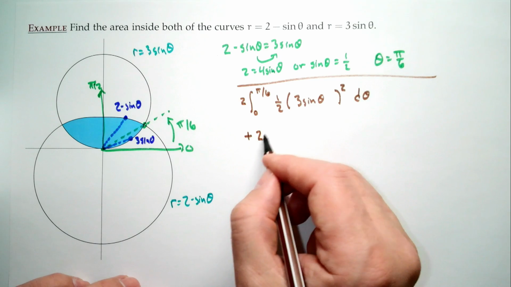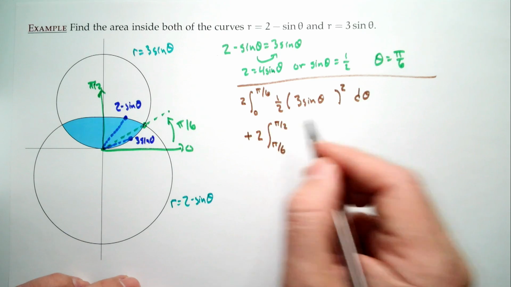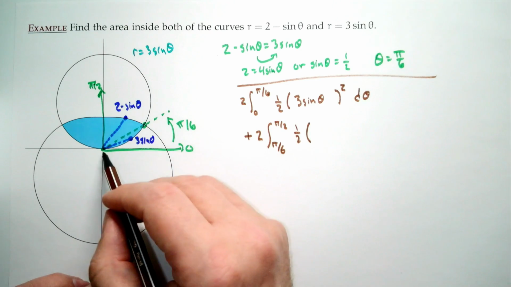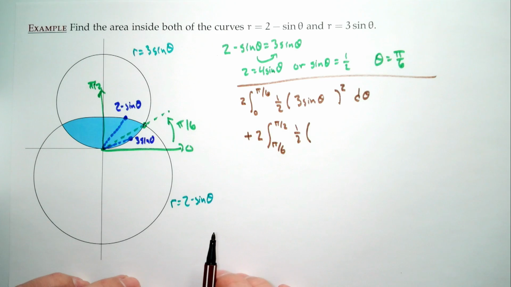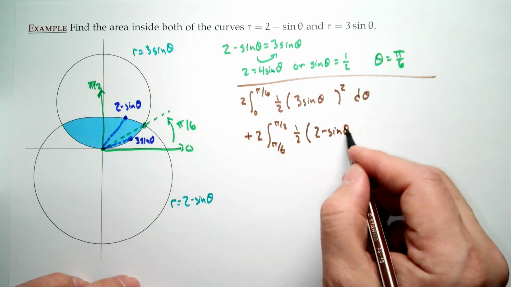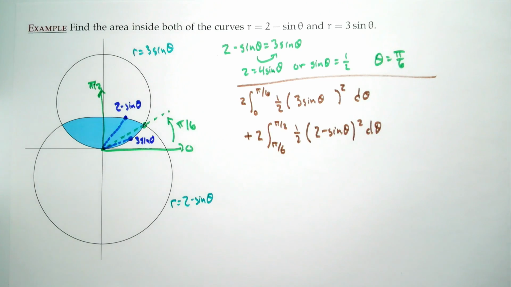Plus double, pi over 6 to pi halves, and 1/2. Now what do we hit? 2 minus sine theta. The hard part about this problem is getting the setup. Hopefully the rest of it will be pretty quick, so we'll try to speed up here.